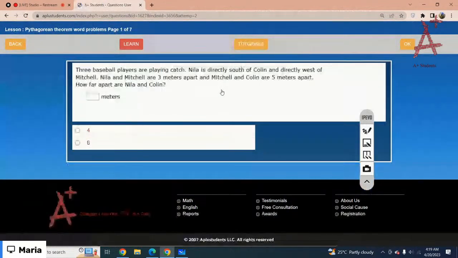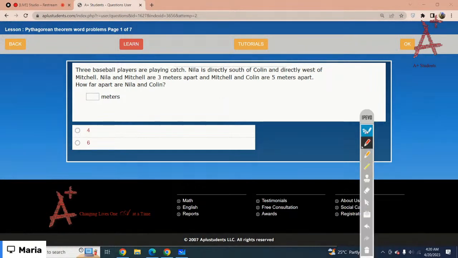Okay, three baseball players are playing catch. Neela is directly south of Colin and directly west of Mitchell. Neela and Mitchell are 3 meters apart, and Mitchell and Colin are 5 meters apart. How far apart are Neela and Colin? Got it?